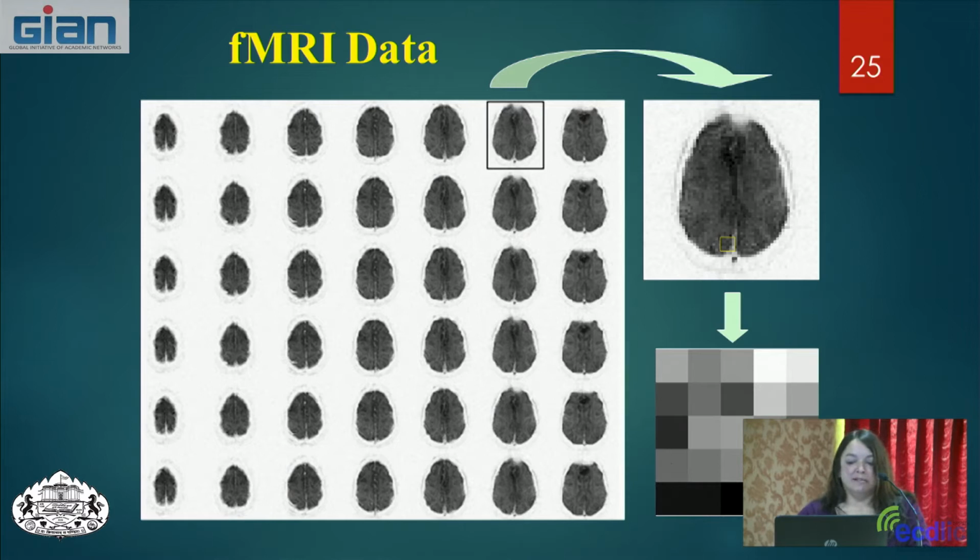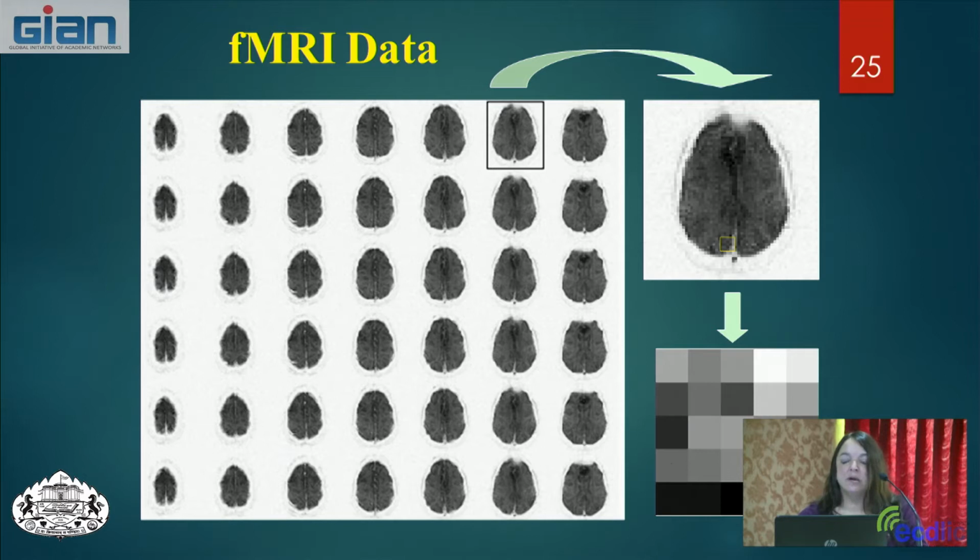So here is just a little schematic of a 7-slice study. Our slices are across the top, in the rows, and our time series is going down in the columns.